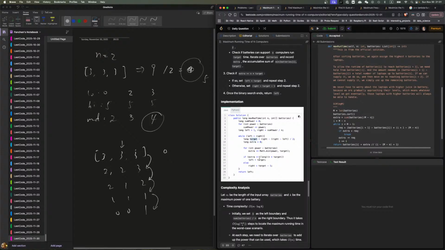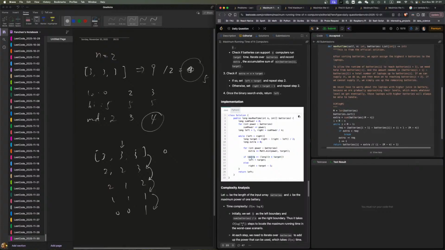So we go through everything, so we get the extra, right? And then we just say if we have n times target, this is n times target, is this the total battery needed, right?